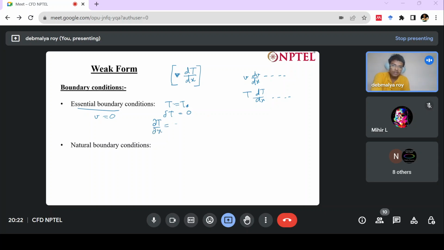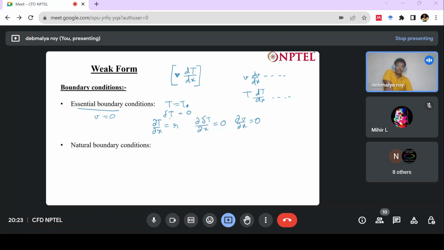It might also be an essential boundary condition. Then what will happen is your dv/dx will be 0. Or not partial derivative, it might be a full derivative as well, whatever.